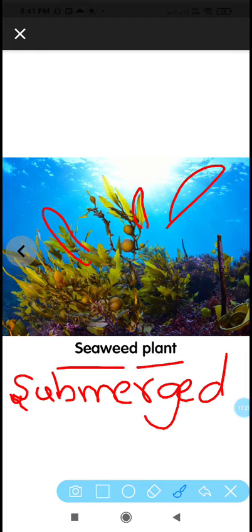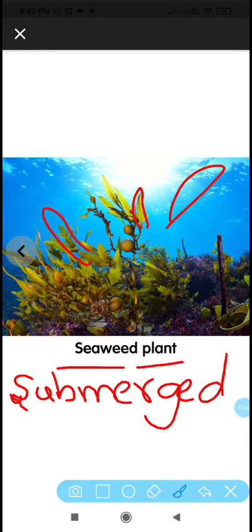These ribbon-like leaves are helping them to withstand the water currents. So whichever side the water is moving, to that side they can bend. That's why they have very thin leaves, and because of this structure they are able to take the oxygen from the water directly.